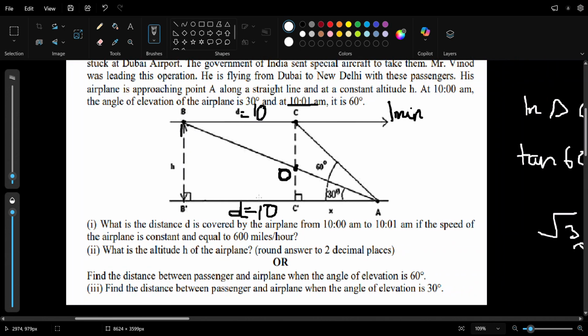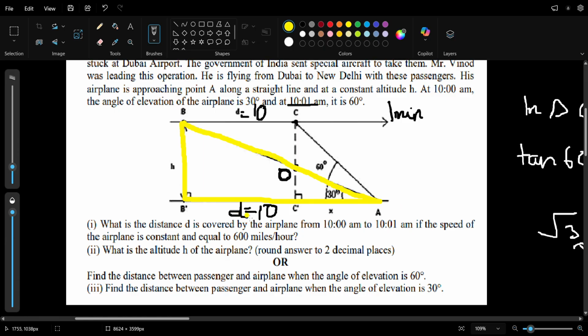Now look at this triangle. I'll write with a different pen. You see this triangle now? The biggest one with the hypotenuse. In this triangle, we can take tan and you find B and B dash.